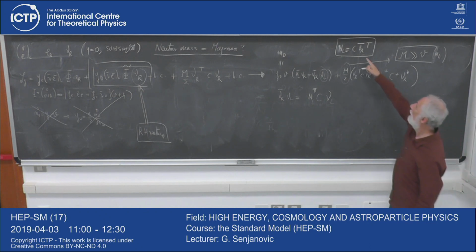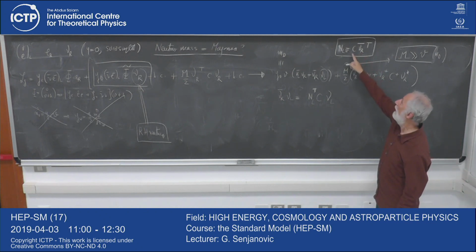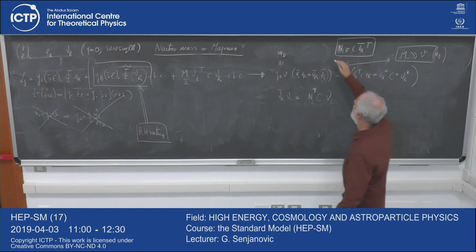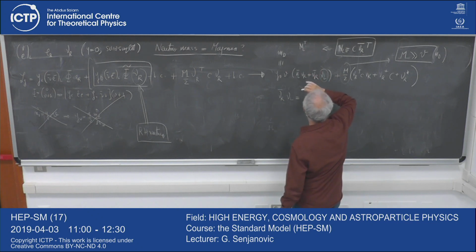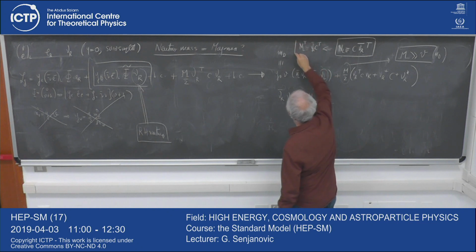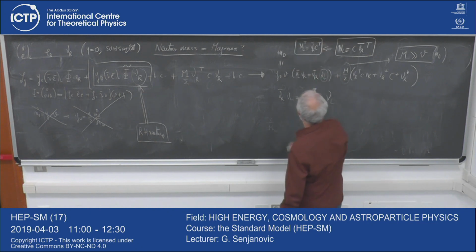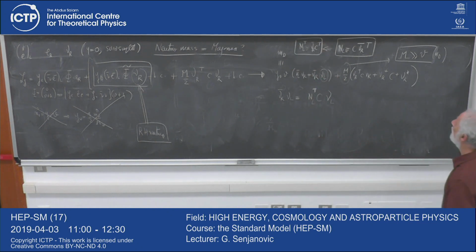It's trivial. Nu R bar has this hidden. Right? N transpose. And L transpose is what? Nu R bar C transpose. Correct?